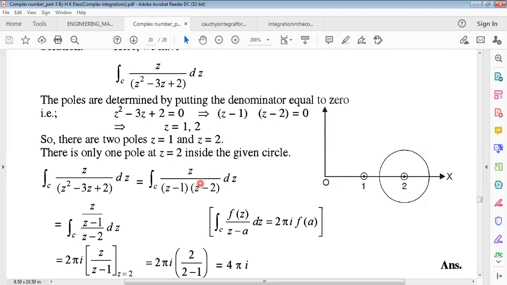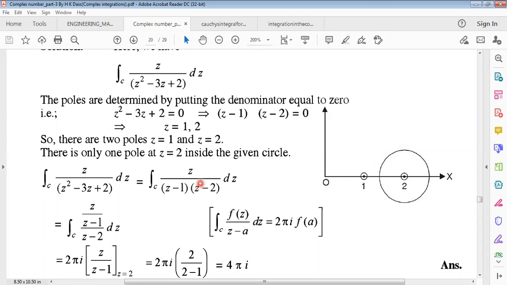Here the z minus 2 is cancelled. So at z equals 2, this is the functional value f of z, z divided by z minus 1.